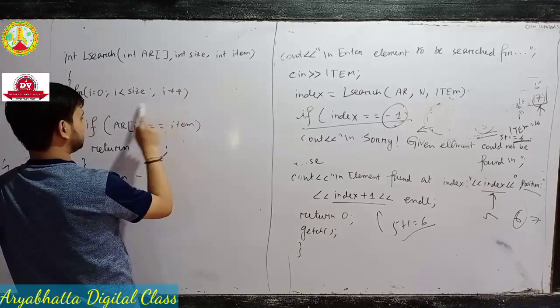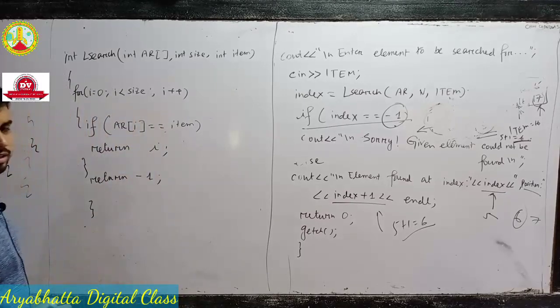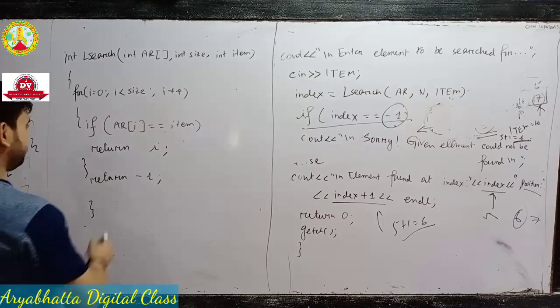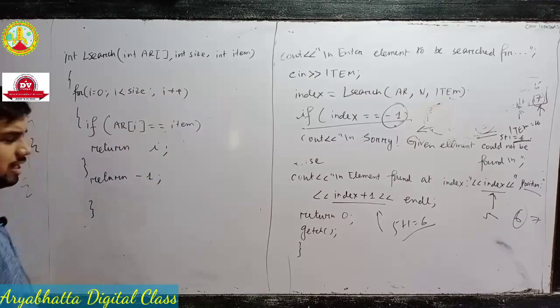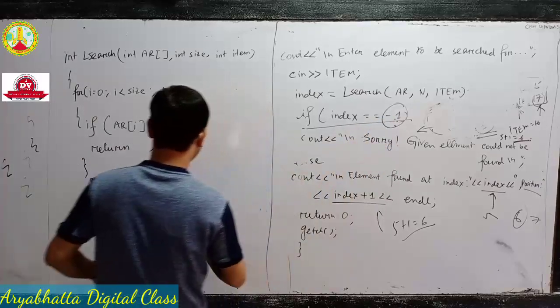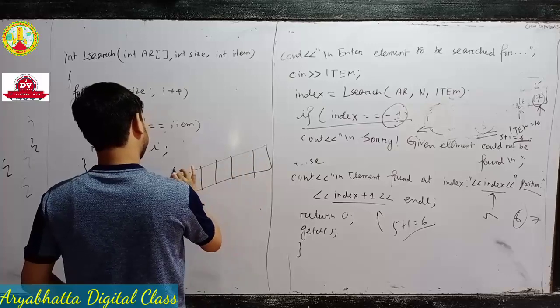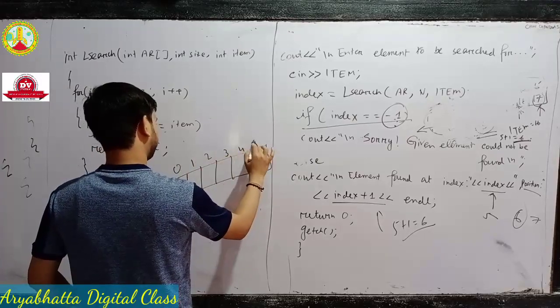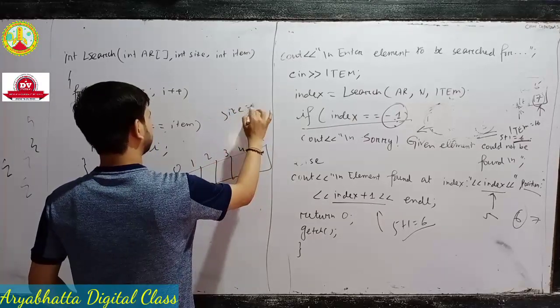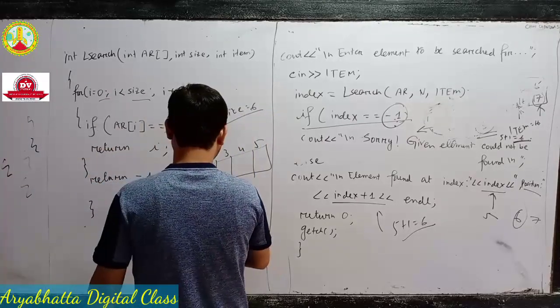If item is equal to this element, return i, meaning return the respective element's index. Otherwise -1, which means unsuccessful. Again I will show you. Suppose the array has size 6, that's why the loop goes from 0 to less than size, meaning 6.